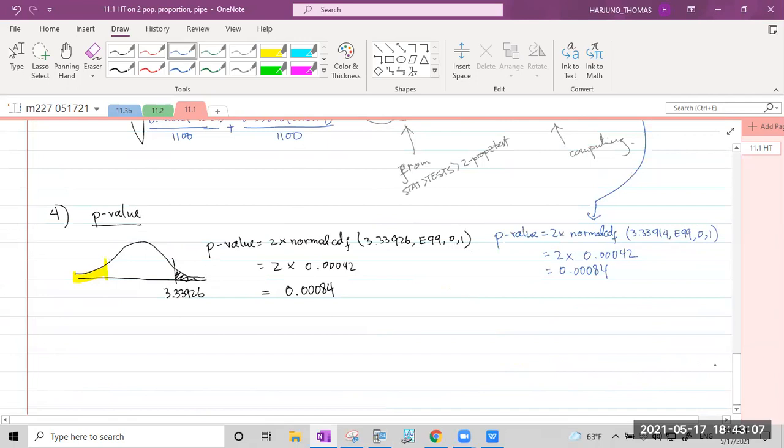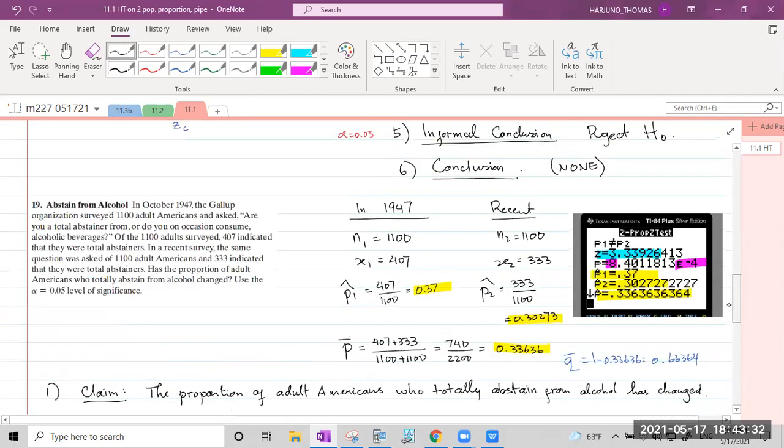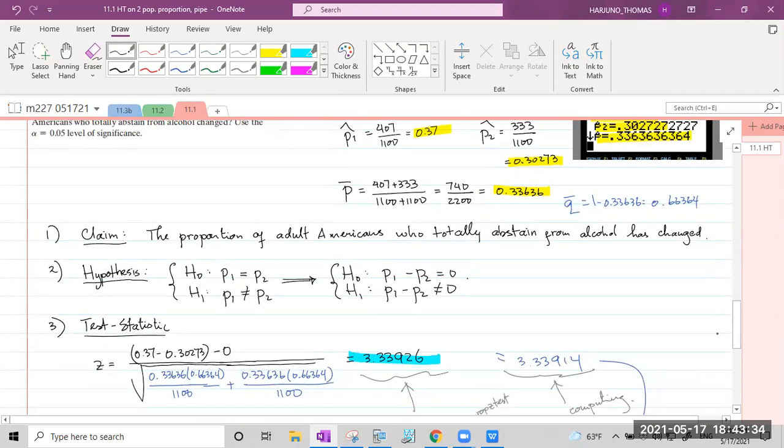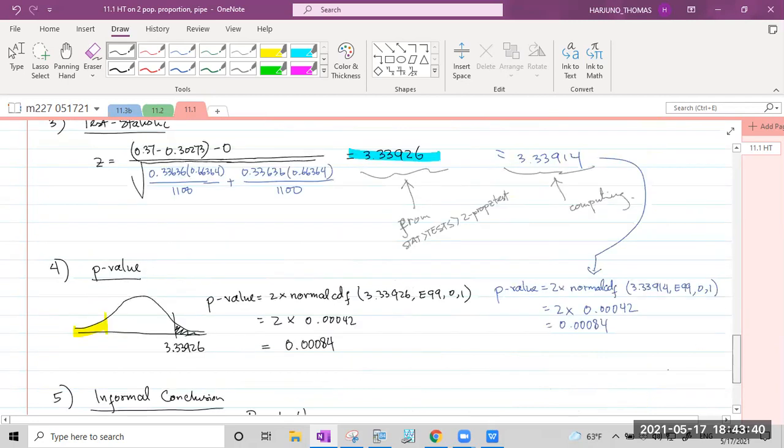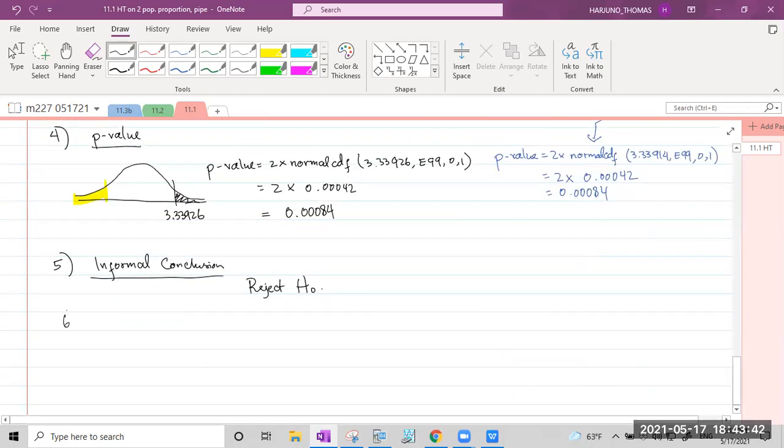Alpha is 5%. So that's the P value. Then informal conclusion. Reject null hypothesis. Okay, so what's the conclusion? The proportion of adult Americans who totally abstain from alcohol has changed. Conclusion.